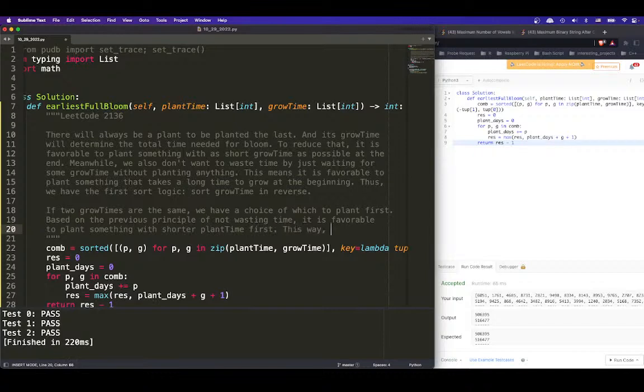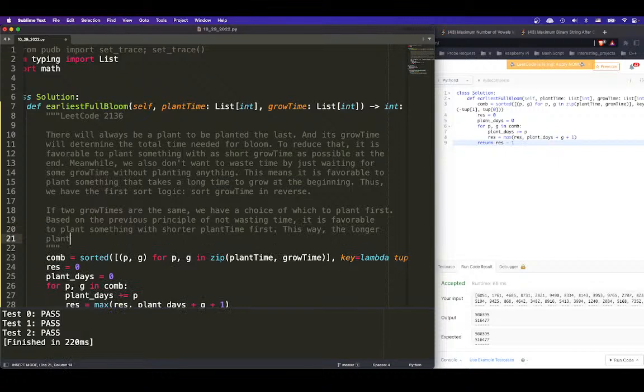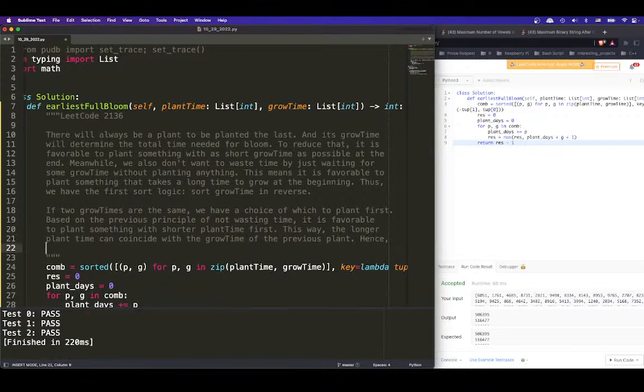This way, the longer plant time can coincide with the grow time of the previous plant. Hence, we have the second sort logic.